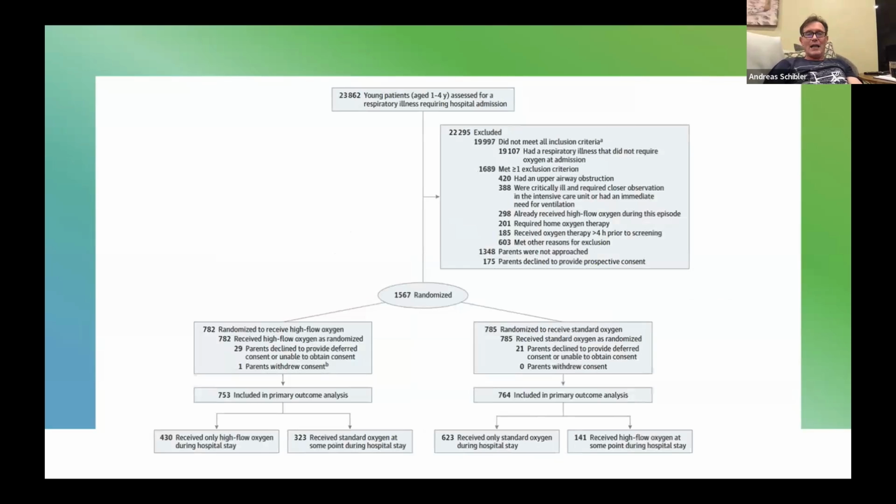You know, we had 23,862 children assessed, and we had 22,295 excluded. But we had 1,348 patients excluded because they were not approached to consent. They were eligible. And that's almost the same number that we randomized. So it's 40% of the patients.